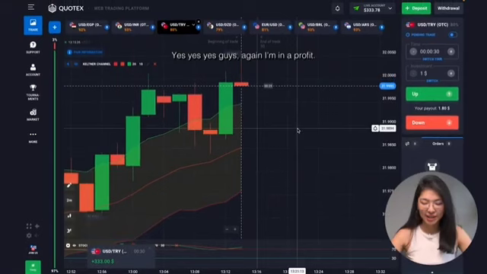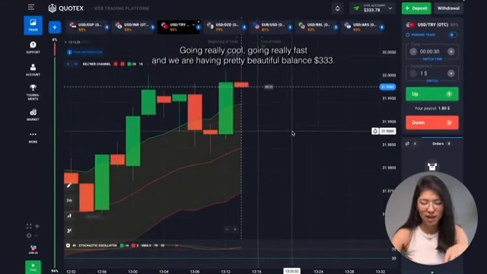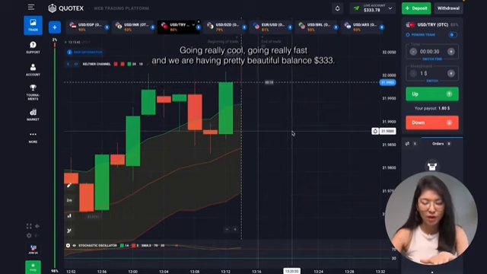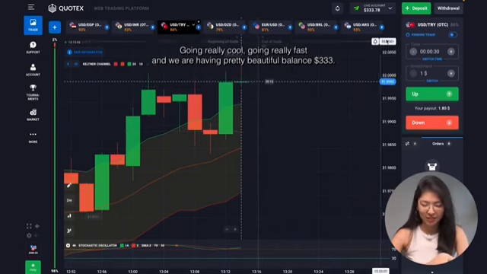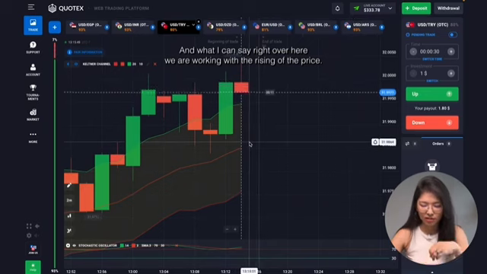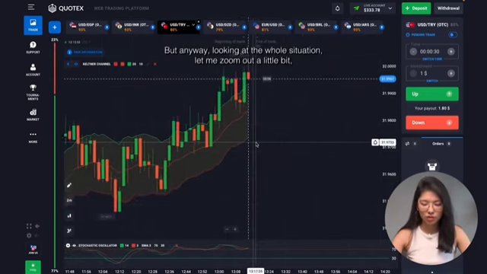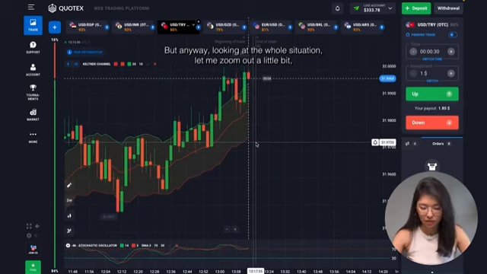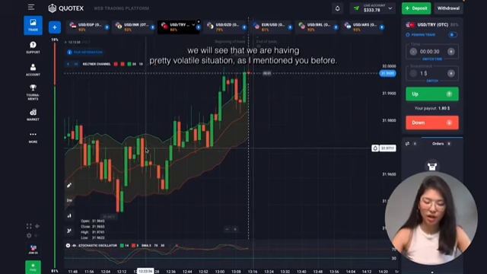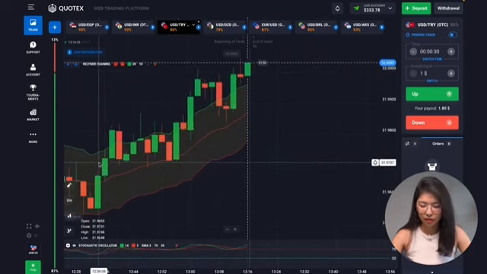And yes guys, again I'm in profit, so really cool, going really fast. And we have a pretty beautiful balance, 333. Right over here, we're working with the rising of the price. But looking at the whole situation, let me zoom out a little bit. We'll see that we have a pretty volatile situation as I mentioned before.